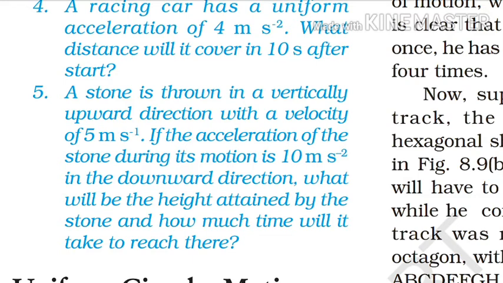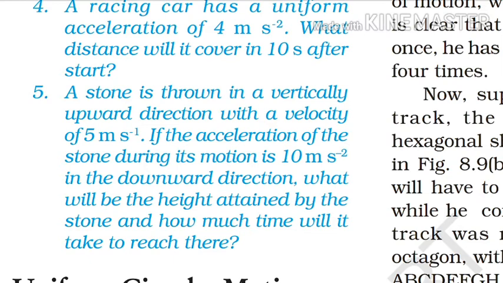Since the initial speed of the stone is given as 5 meter per second, the maximum height attained by the stone will be h, and it can be calculated with the concept that at the maximum height the speed of the stone becomes 0.